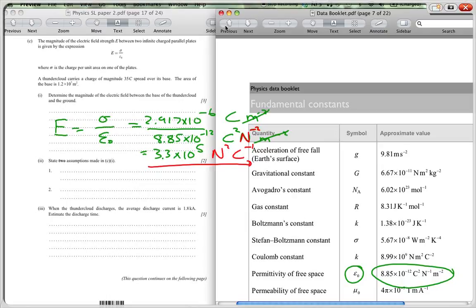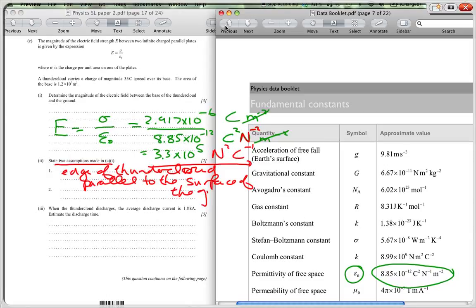State 2 assumptions made. Well, obviously one assumption was that the edge or the bottom of the thundercloud was parallel to the surface of the ground, and also we took this over here, this is the permittivity of free space.